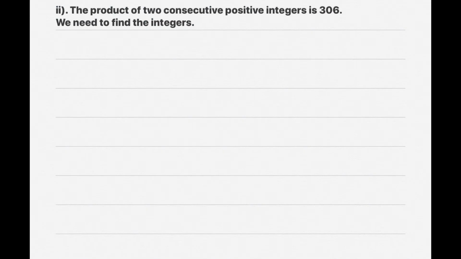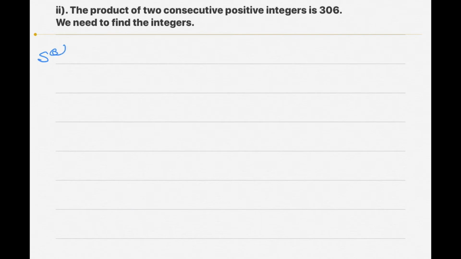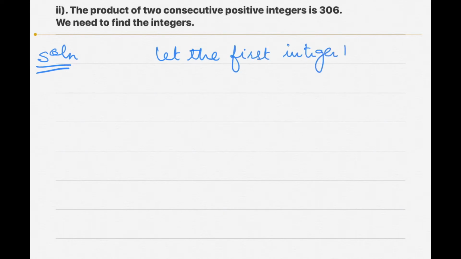The second part is: the product of two consecutive positive integers is 306, and we need to find the integers. Okay, so my solution: the product of two consecutive positive integers. Okay, that's fine. So let the first integer be x, right?